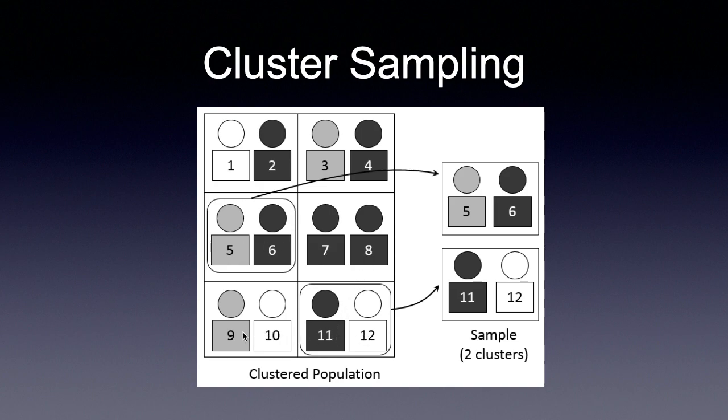Notice the idea is that each one of these 6 clusters has a difference in it. We call this heterogeneous, meaning that the clusters are unsimilar.